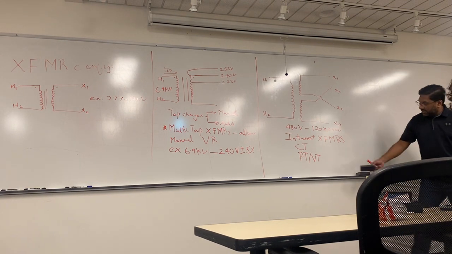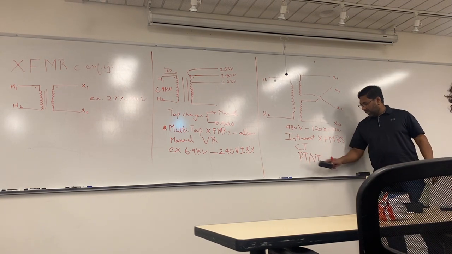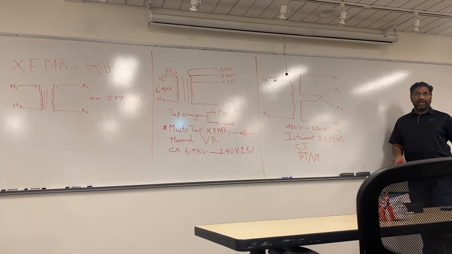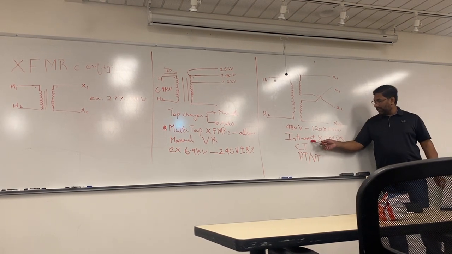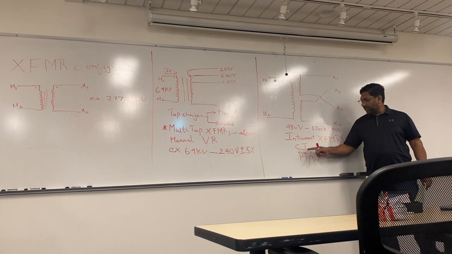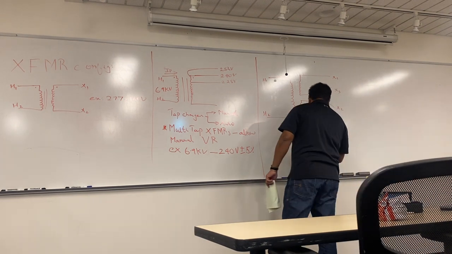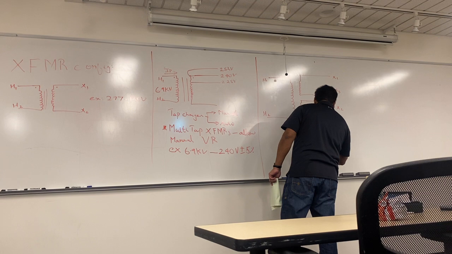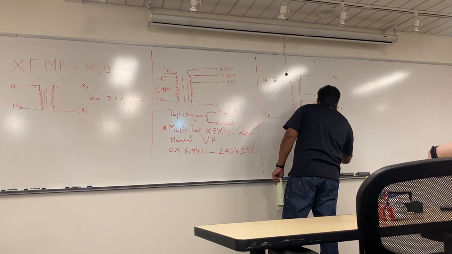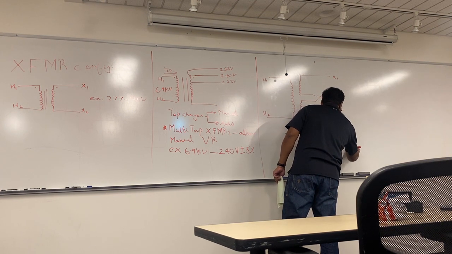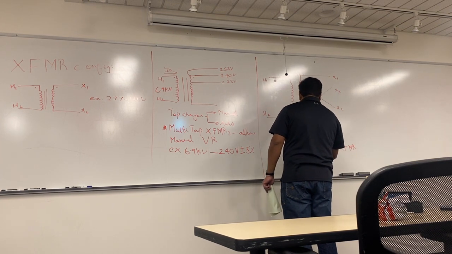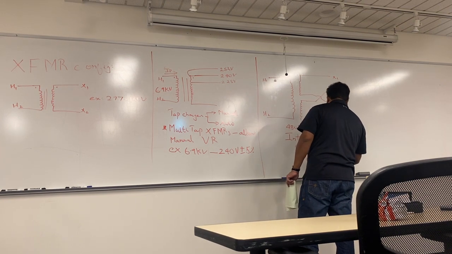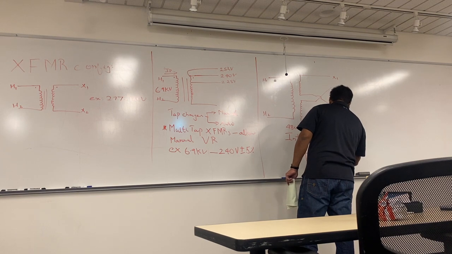And the reason is P is sort of reserved for power, and some don't like it, and it messes up their schematic drawings. So instrument transformers, there are two. One is a CT, which is a current transformer. The other is a PT or VT, depending on how you want to go with, voltage or potential transformer.